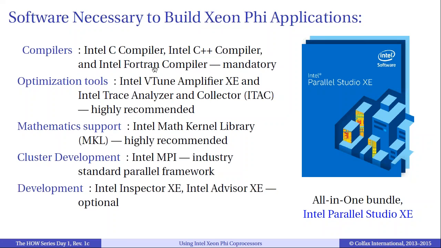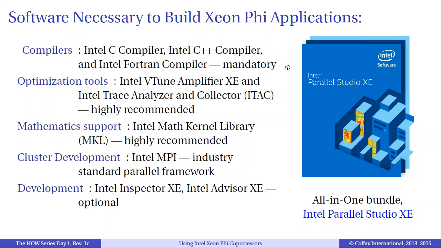Notice that if you get the latest and greatest compiler, which is the 2016 version, there is one compiler that works both for processors and for coprocessors. So you don't have to get a special compiler for Xeon Phi, but you have to get a modern one from Intel to use it.